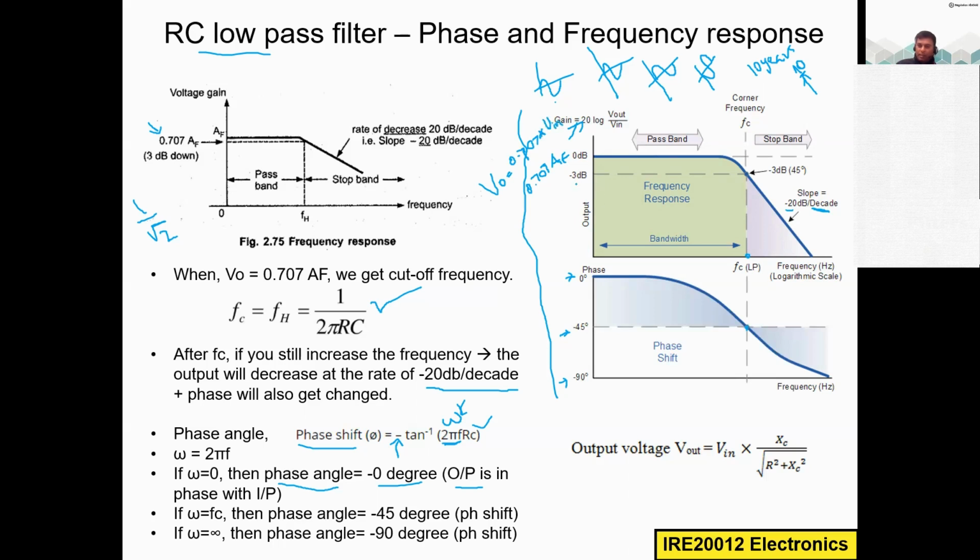This is called the minus 3 dB level. At the minus 3 dB level, we are getting this 45-degree phase shift, and then it's falling down sharply and reaching 0. This is for the first order filter.